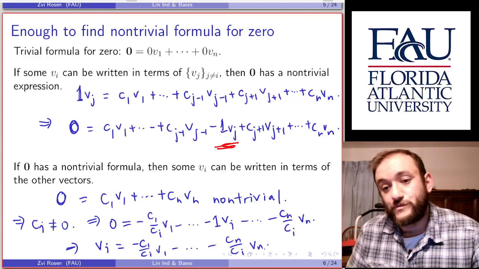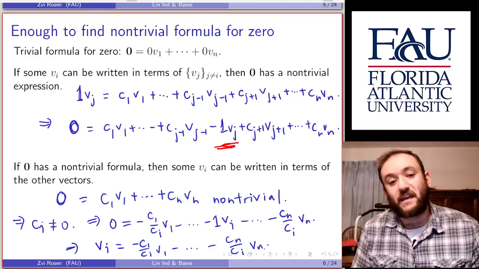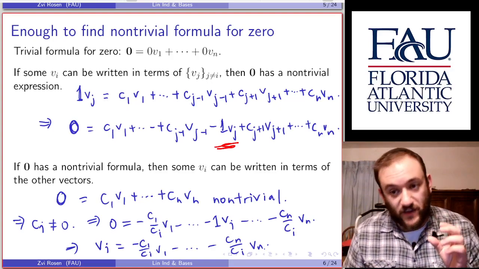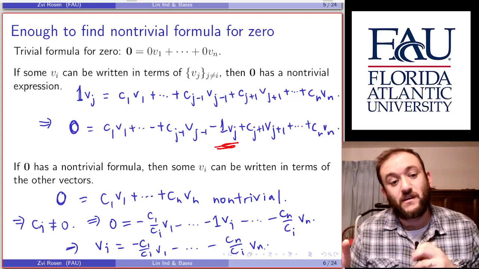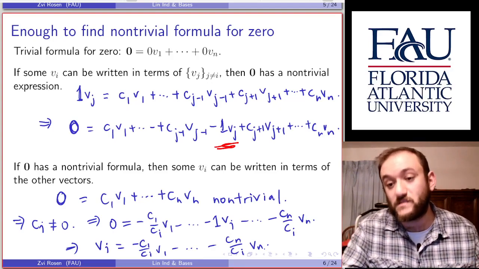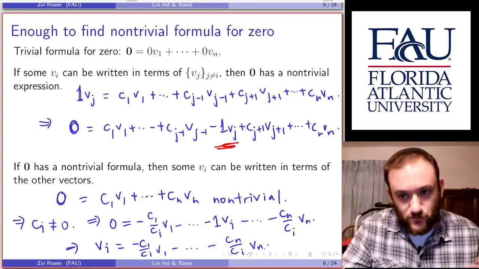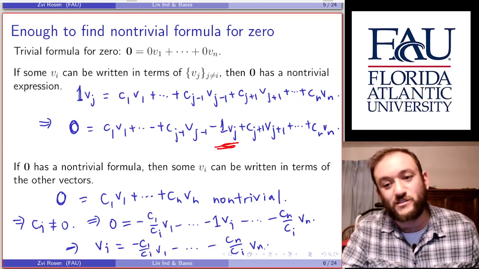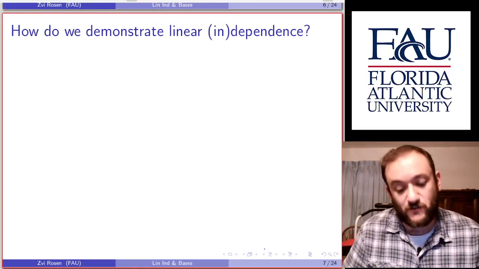Okay? So what we've shown here is that having an expression for one of the vectors in terms of the other vectors is the same as having a non-trivial expression for 0. So that's what we can always look for. Instead of trying to piece together which vector you can write in terms of the other ones, always just look for a non-trivial expression for 0.